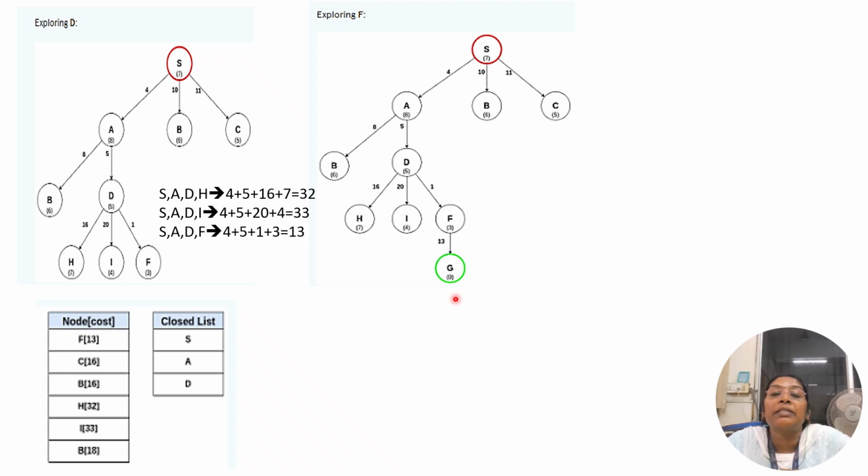So from S to G through F, it is 23. Okay, so now the 23 is the least one.